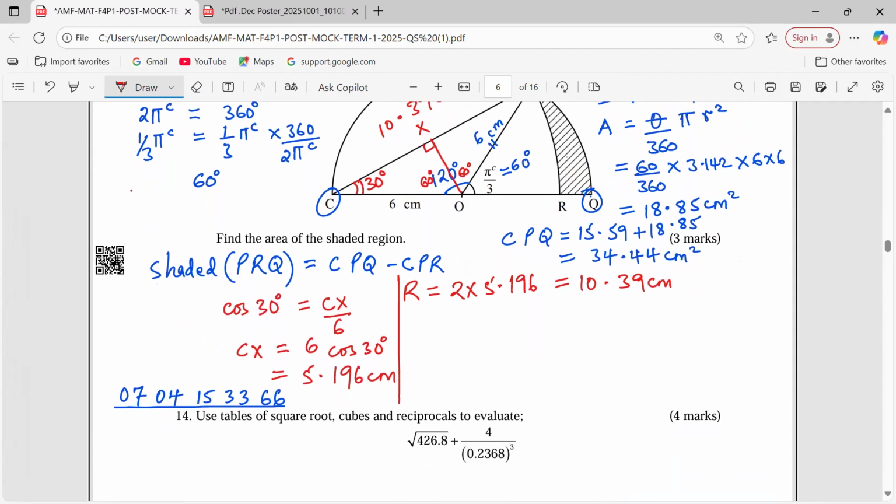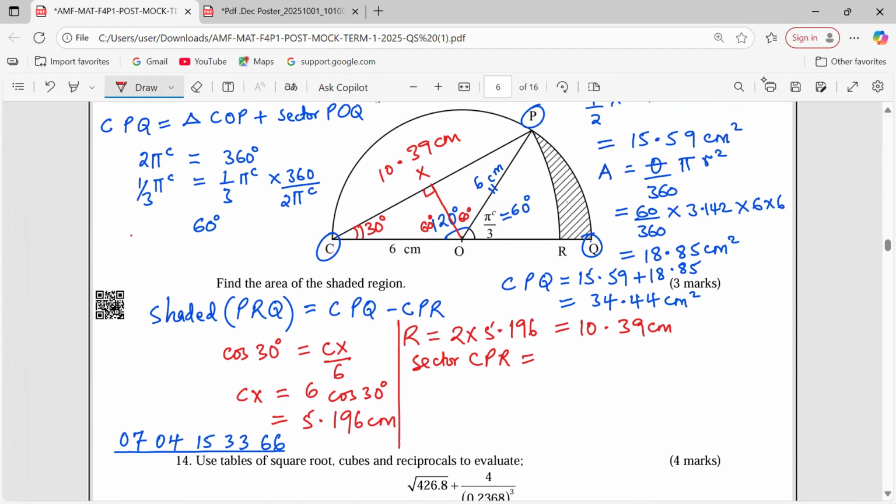So for me to get sector CPR, I need the angle at the center of that sector. The center is C. So the area is 30 over 360 multiplied by pi times the radius squared.